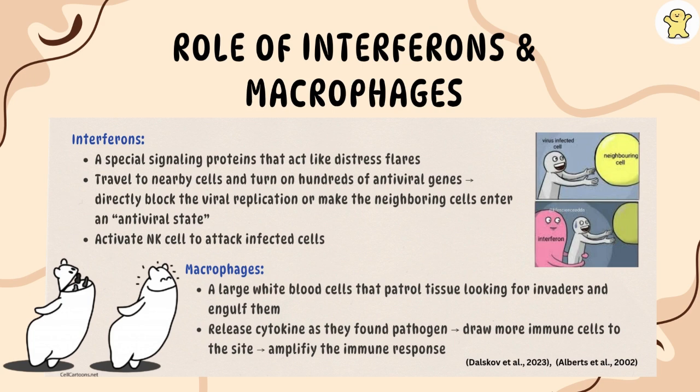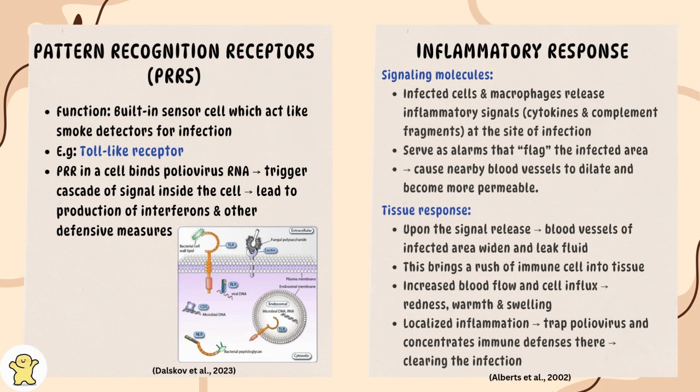Next is the macrophage, a large white blood cell that patrols tissue looking for invaders and engulfs them. It will release cytokines as it engulfs the pathogen and recruit more immune cells to amplify the response. These are like a built-in alarm system. Once triggered, they will activate the immune system and kickstart the whole immune response.